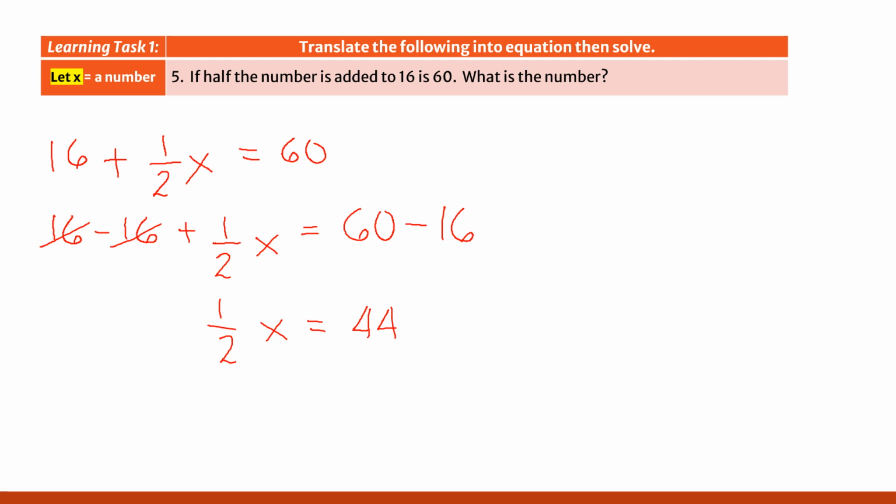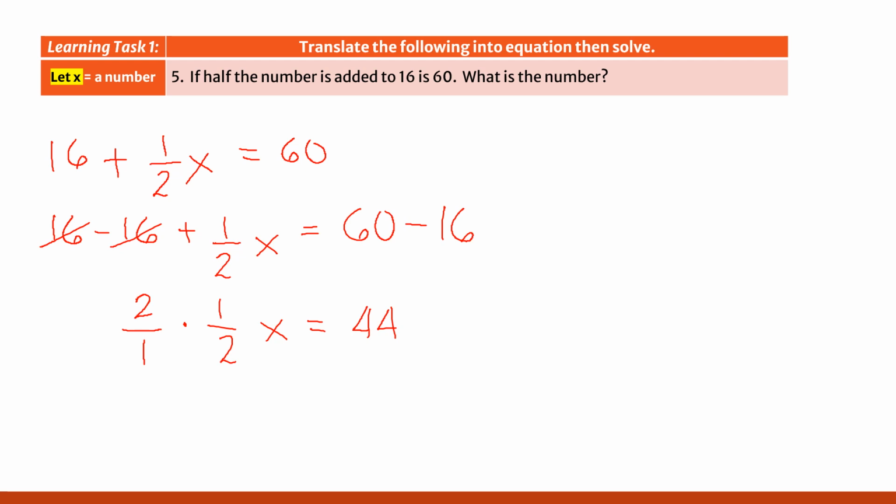Well, simple lang. At this time, ang ating gagawin ay multiplication property of equality. So, ano ang i-multiply natin para makancel yung numerical coefficient na 1 half? Well, get the reciprocal. So, ang reciprocal, ibig sabihin, yung 2 mapupunta sa taas at yung 1 ang mapupunta sa baba. So, the reciprocal of 1 half is 2 over 1.